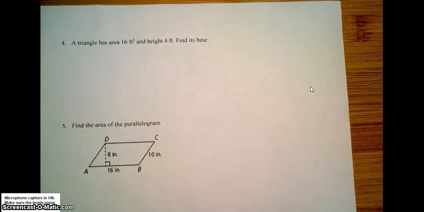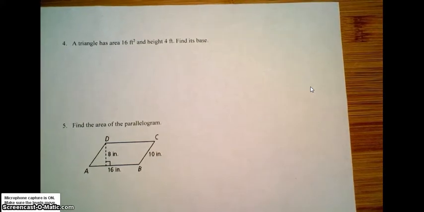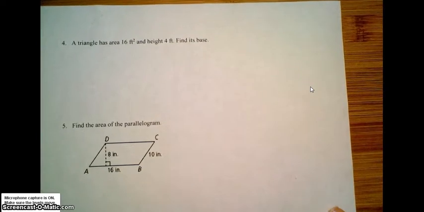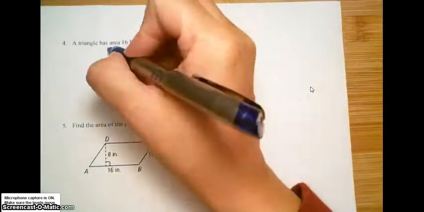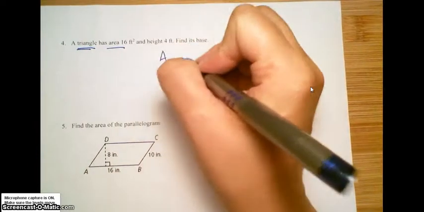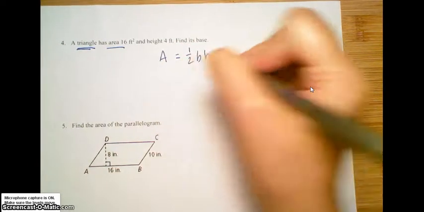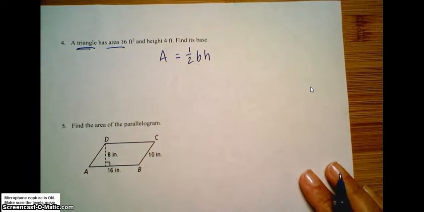Okay, example 4 on page 3, if you take a look at it, it's telling us the triangle has area 16 square feet and height 4 feet, and we're being asked to find the base. Well, I don't have a picture, but I don't really need one. I know we're dealing with the area of a triangle, so I can write that formula. And then, of course, I can plug and chug, fill in everything that I have.